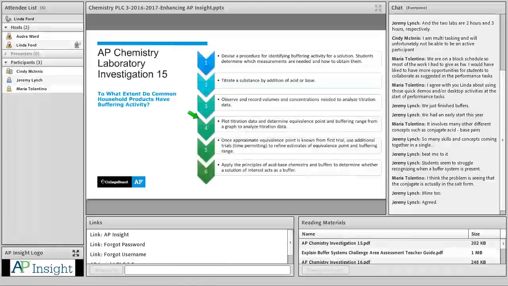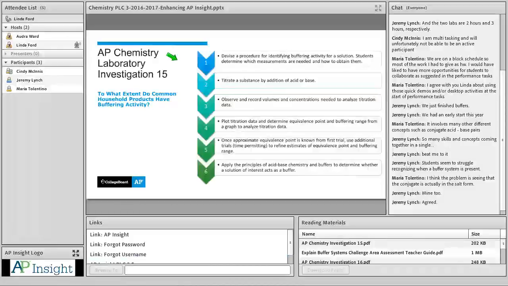So let's look a little bit at lab investigation 15. And I don't know if you took time to download it before we began. Again, I use many times the Flynn version of the recommended laboratory investigations. And the reason I do is the timing.